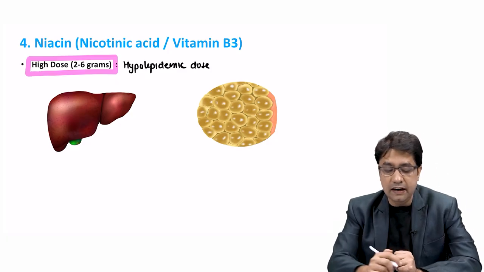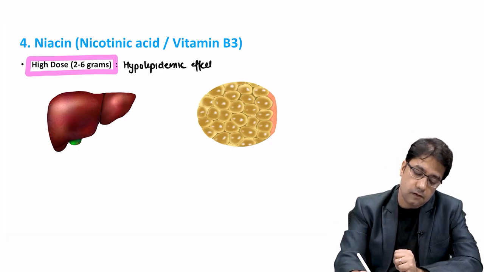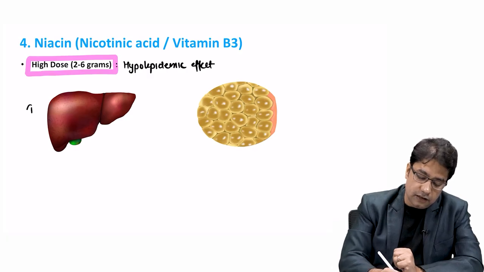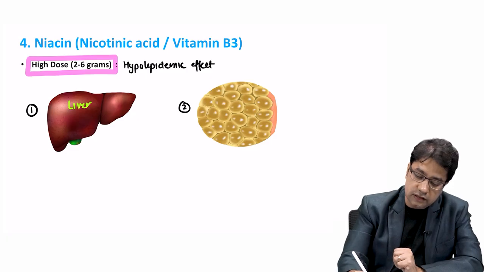So in very high dose, niacin acts on liver and niacin acts on adipose tissue. So it has two organs where it will act. It will act on fat cells or adipose tissue.